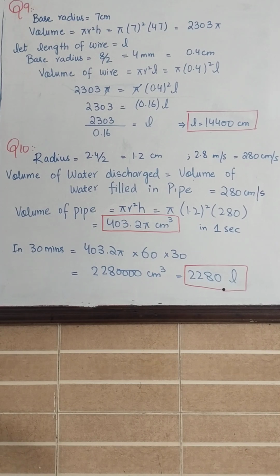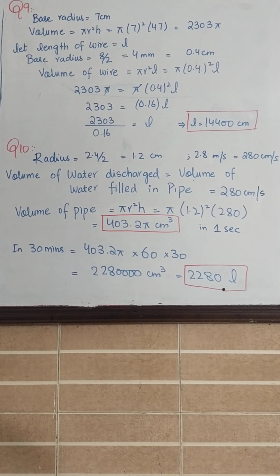You know the volume of water discharge which we have is per second. It means in 1 second 280 centimeter of water is discharged from the pipe. We have to find out in minutes. First of all, you have to convert the second into minute, and then you will find out for the whole 30 minutes how much volume will discharge.